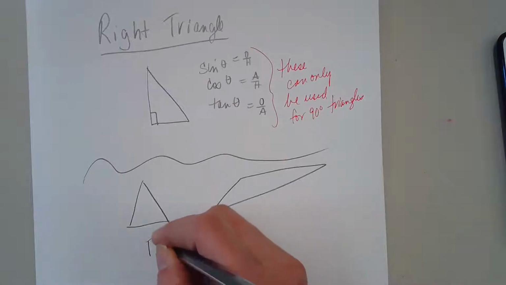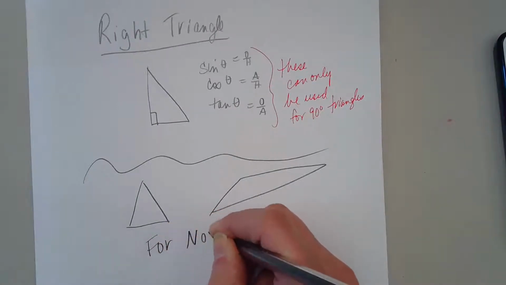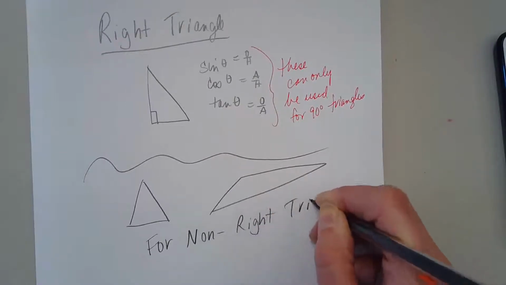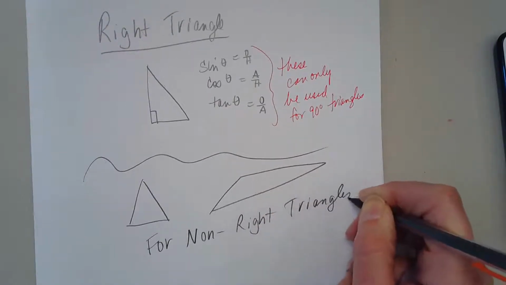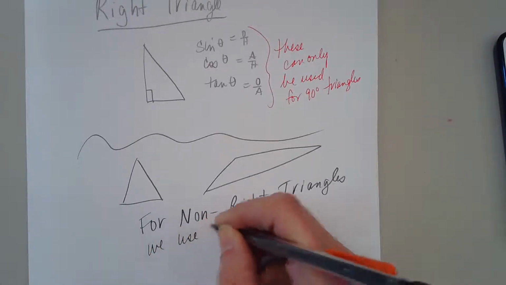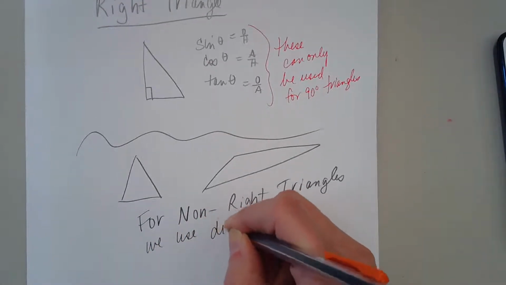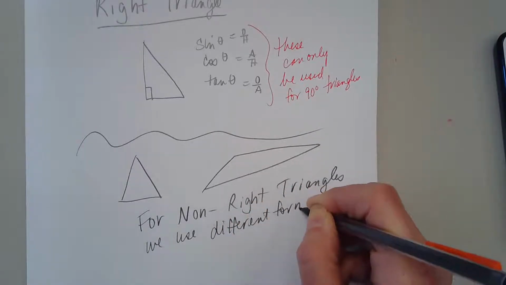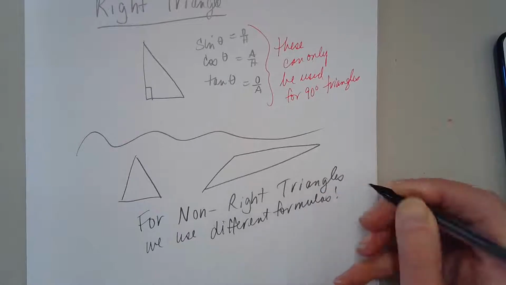So for non-right triangles, and there are more non-right triangles than there are right angle triangles, we use different formulas. The right angle formulas won't work for us.